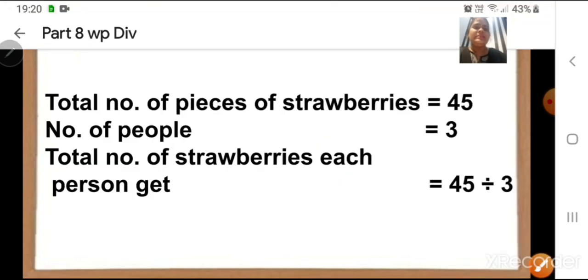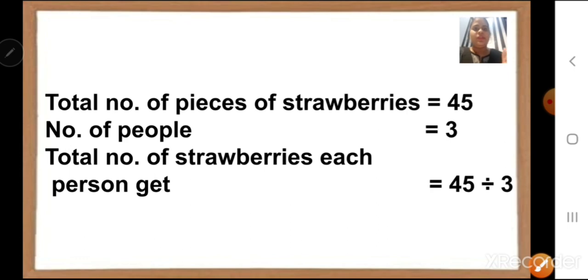Now let us write the statement. Note down, children, the statements in your notebook. Total number of pieces of strawberries is equal to 45. Number of people, okay, is equal to 3. And total number of strawberries each person gets is equal to 45 divided by 3.